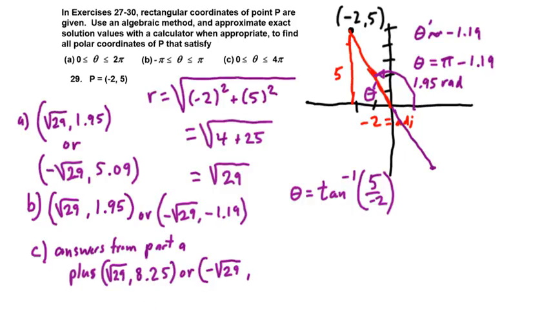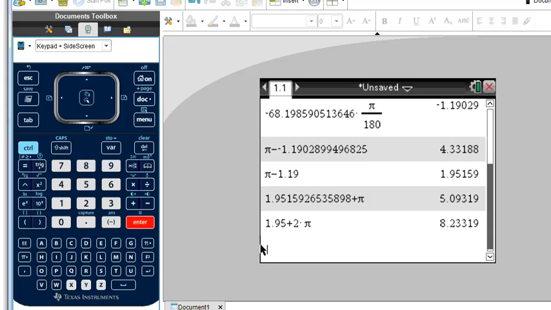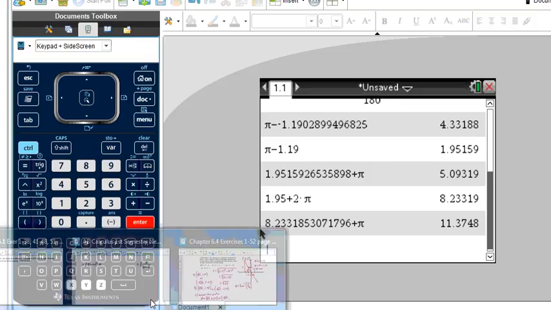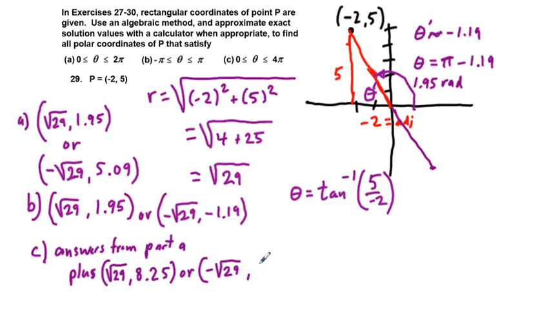So that's the out of sync phenomenon we're experiencing here. So go back to our calculator, and to this we're going to add pi radians. So we get 11.37. Looks like 11.37 radians. Okay. So 11.37.